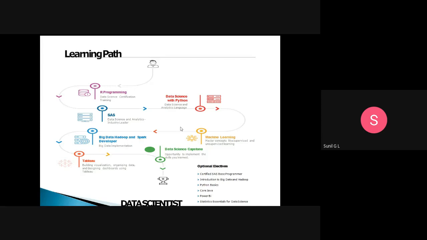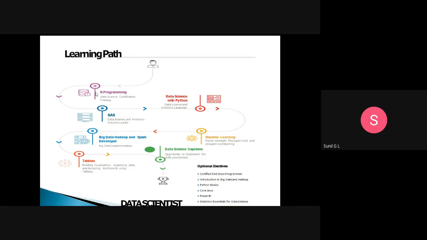If you become a data scientist, you are a master of all these things: artificial intelligence, machine learning, deep learning, data mining, all of those. So the first thing you need to learn is R programming.